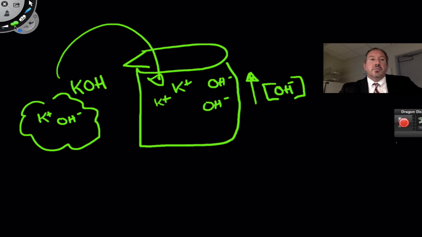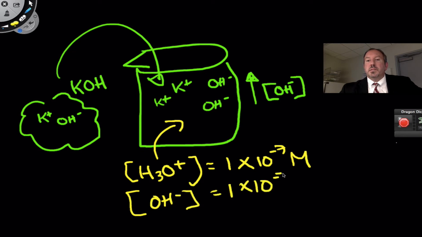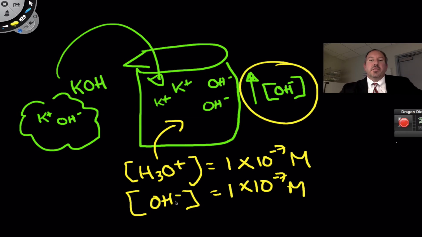And so in a glass of water, let me go with another color here. In a glass of water, do you recall that the concentration of hydronium was 1 times 10 to the negative 7, and hydroxide was also 1 times 10 to the negative 7. So if I add that, that means that this concentration is going up.